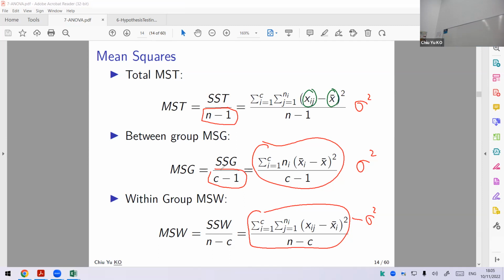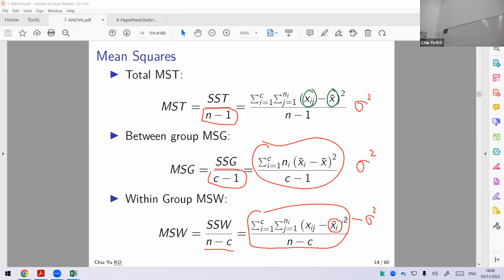And MSW, why this? It's because you estimate C sample means. Remember I said however many things you estimate, you have to subtract that many in the denominator to be an unbiased estimator. For the sample mean, you estimate 1, so you have minus 1.